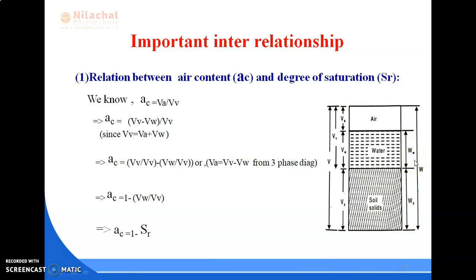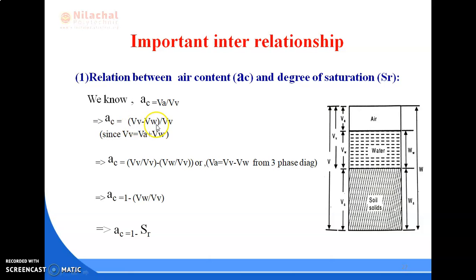So we know Ac or air content, the formula is Va by Vb, which implies Ac equal to, in place of Va we can write Vb minus Vw, volume of void minus volume of water equal to Va, as shown in this three-phase diagram.